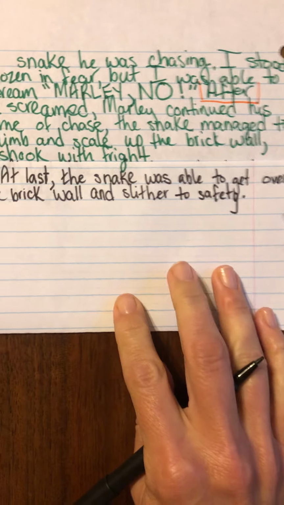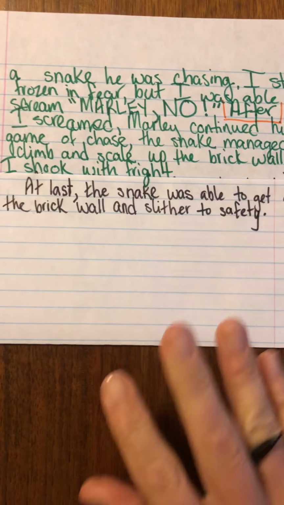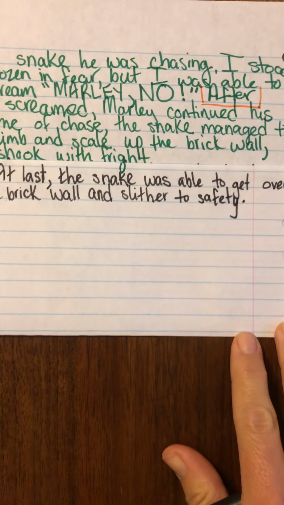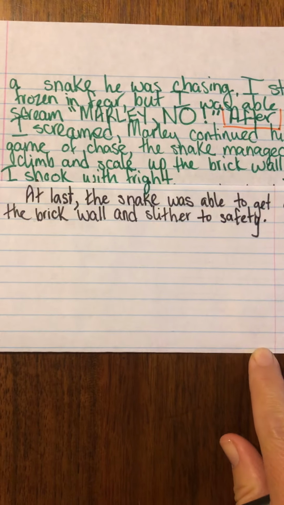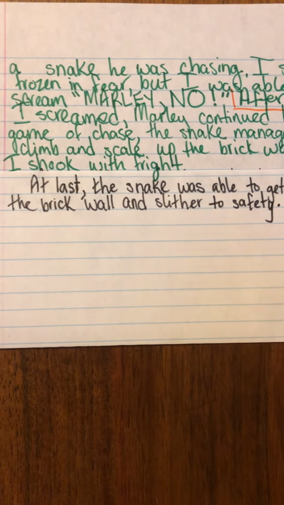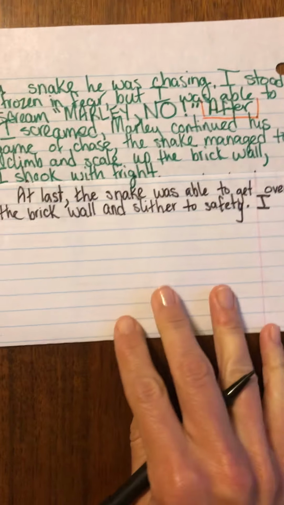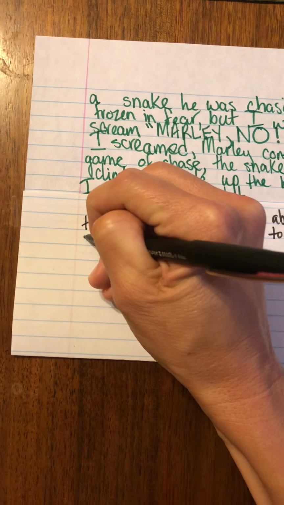but I want to continue just a little bit to explain the snake was all good and well, but what about Marley and what about me? Were we okay? So once the snake had slithered away to safety, I didn't just run inside, I sprinted.